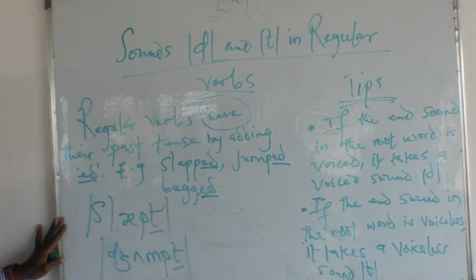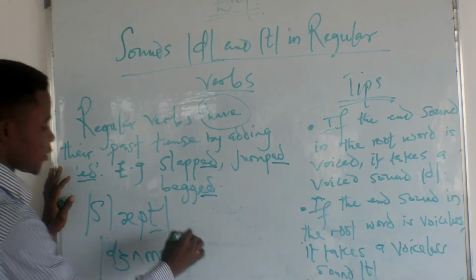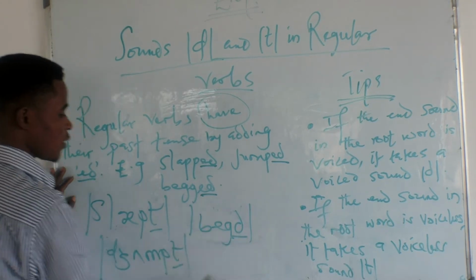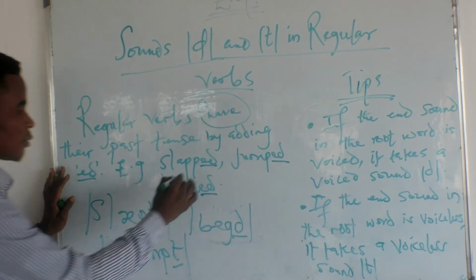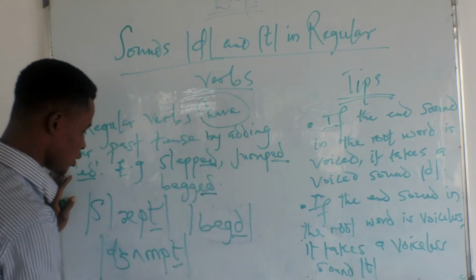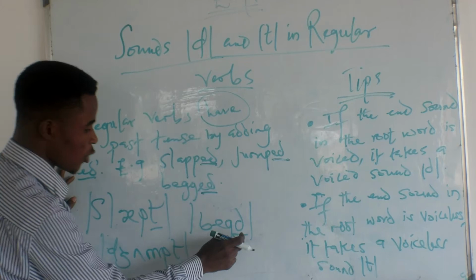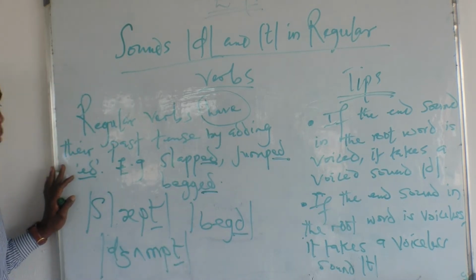If I transcribe the other one, I have the same letters but a different sound. So we have t here, we have sound t here also, then we have sound d here.